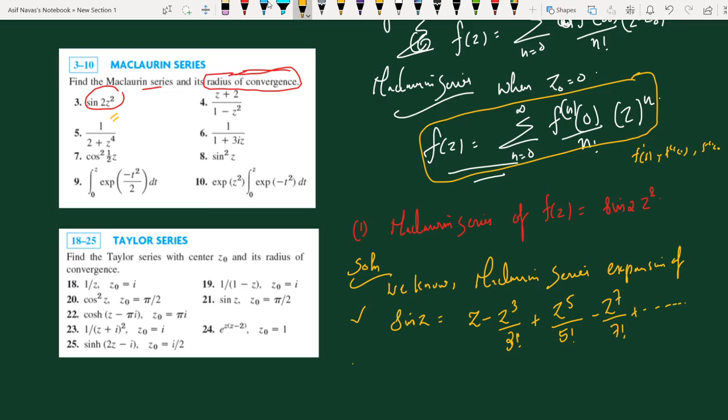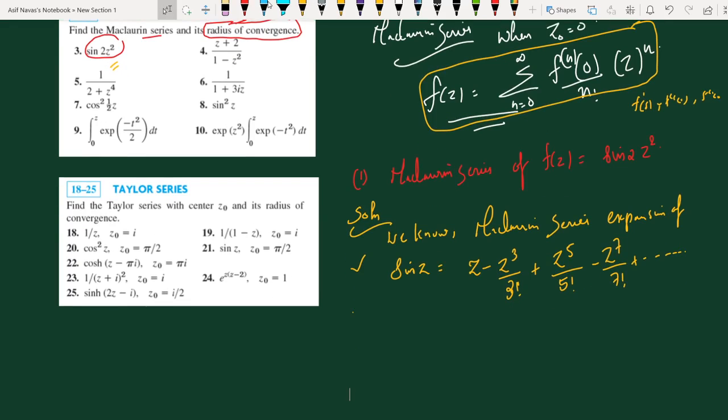Now, in order to find the Maclaurin series of sin 2z square, this can be written as sin of root 2z all square.